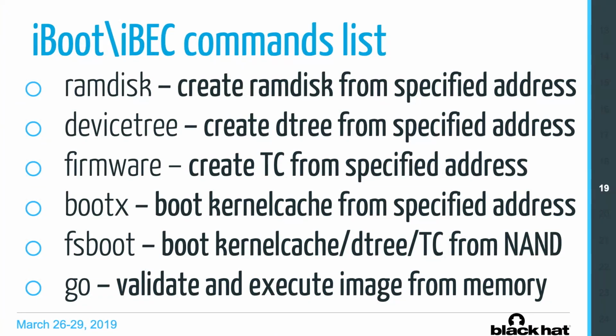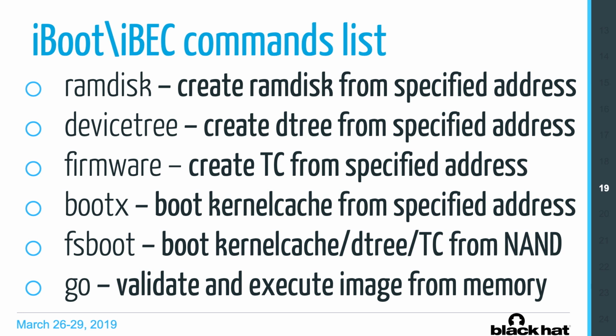For example, ramdisk. Ramdisk is a command that allows us to create the RAM disk image just from memory. So we can upload a RAM disk over USB, send the ramdisk command to the bootloader, and it will try to create a RAM disk object. The same for devicetree. We can upload the device tree over USB and create it just from RAM.